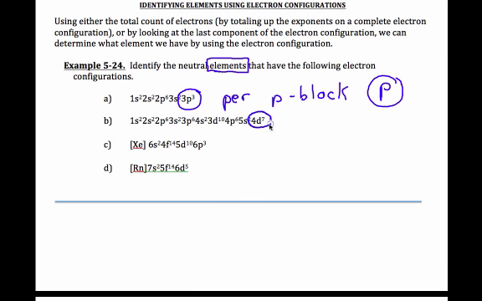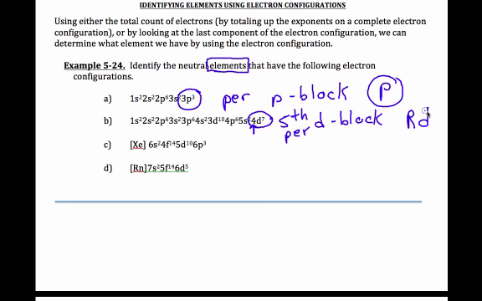Next, here it's the D block. If it's the D block and the number in front is 4, that must mean that we're in the 5th period, right? Because that 4 is equal to the period number minus 1. D block, go in 7. So 1, 2, 3, 4, 5, 6, 7. I'm seeing Rh there.